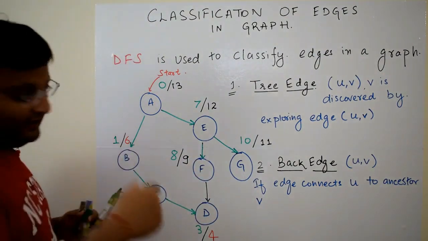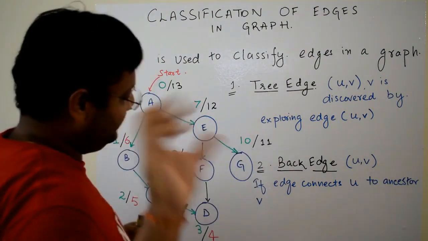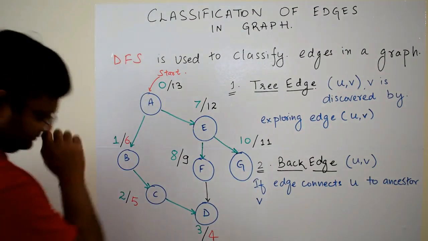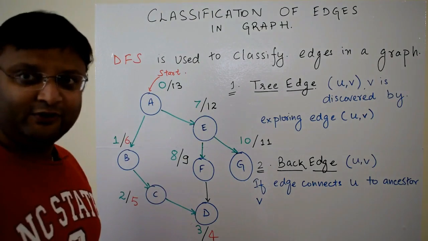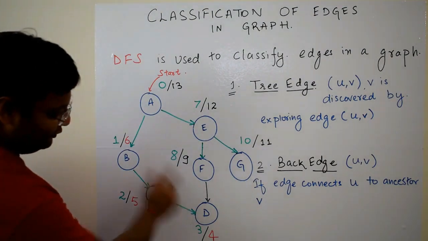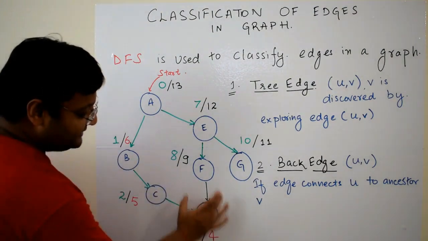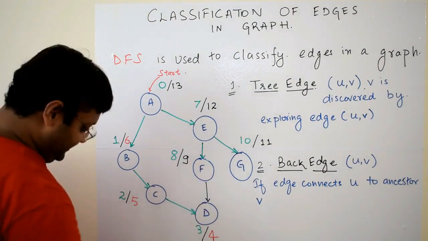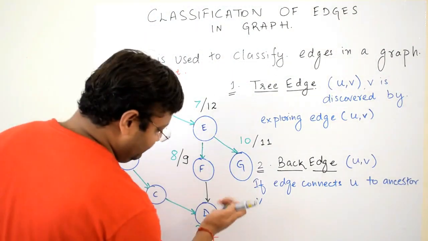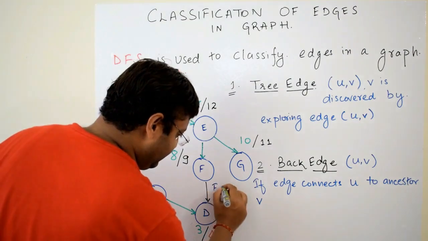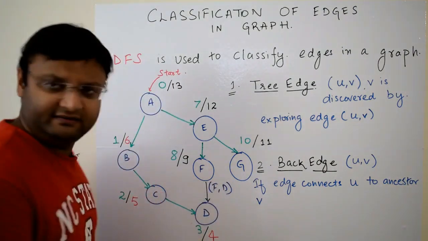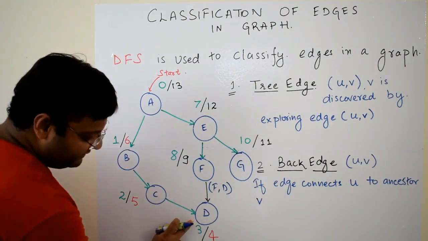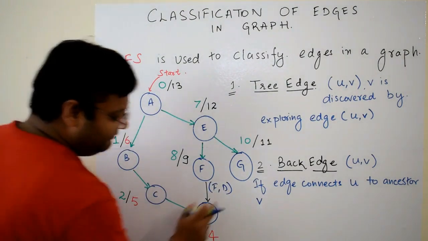Here I want your attention. Can it be a tree edge? No, in this case this edge will not be a tree edge. Why? Because you have to be very careful here. In F comma D, when you went through this edge, D was already discovered. So definitely it didn't get discovered by exploring this edge.